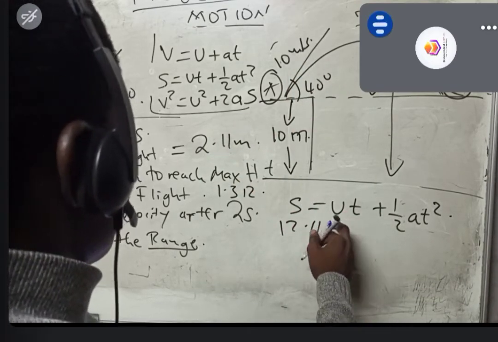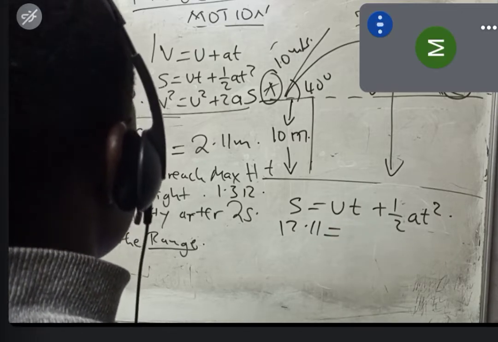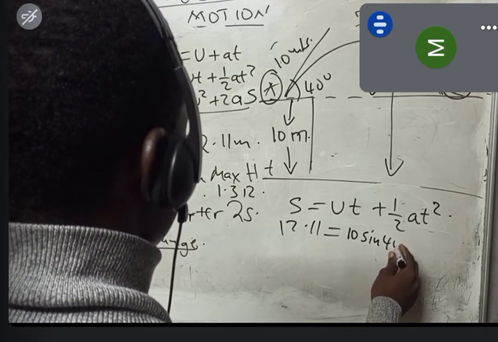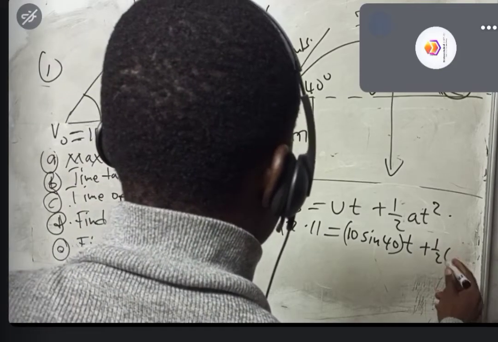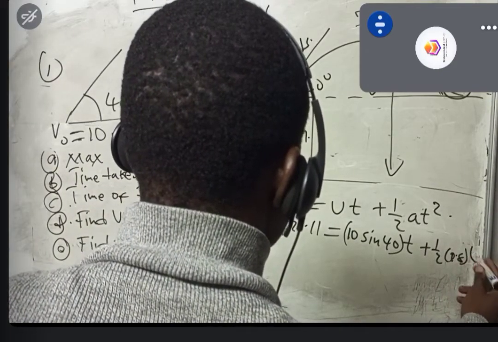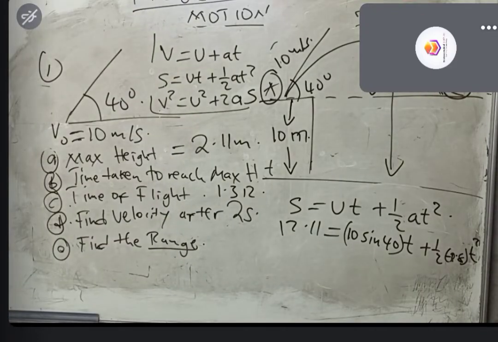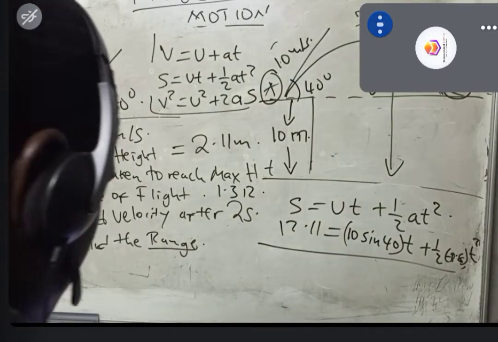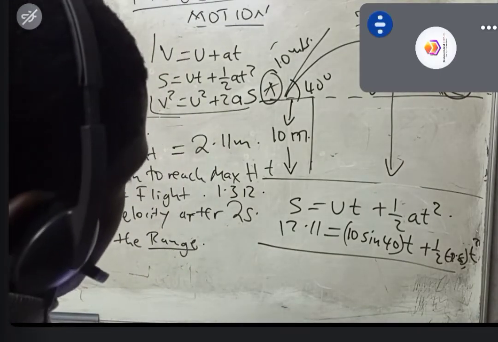The initial velocity in the y axis was 10, so 10t plus half of negative 9.8 t squared. The value of t that you are going to find is going to give you the total time. Are you getting me?